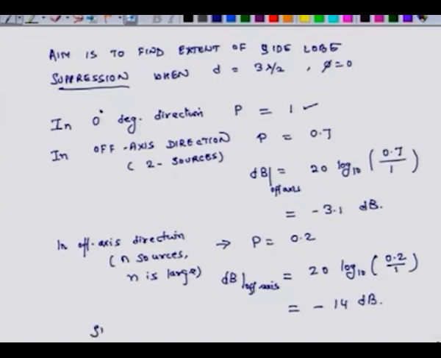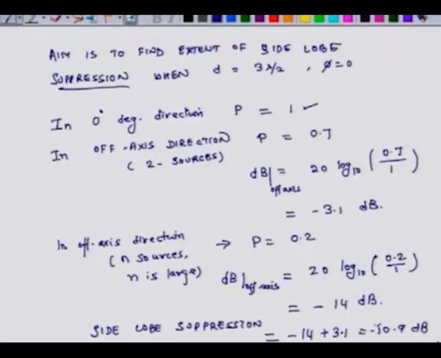So, side lobe suppression works out to be minus 14 plus 3.1, which is equal to something like 10.9 decibels.